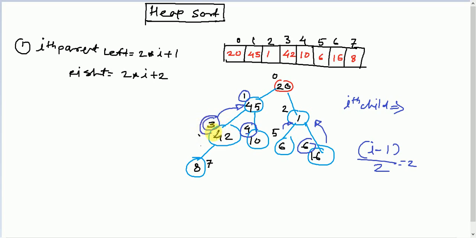For 3, 3 minus 1 is 2, 2 divided by 2 is 1. If the child is 2, 2 minus 1 is 1, 1 divided by 2 is 0. Again 1 minus 1 is 0, 0 divided by 2 is 0, so the parent is 0. Similarly for 7, 7 minus 1 is 6, 6 divided by 2 is 3.